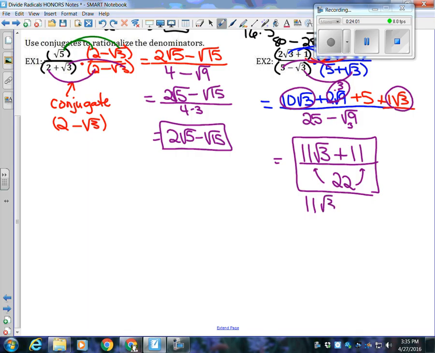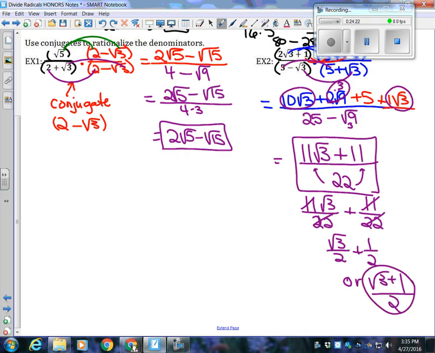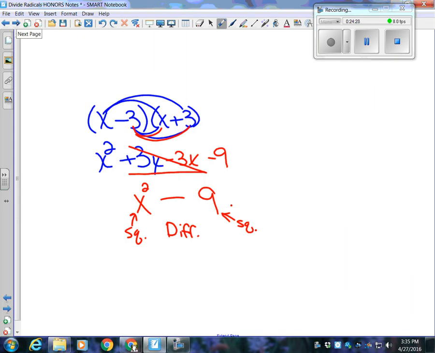So 11 square root of 3 has a denominator of 22, plus 11 over here also has the same denominator of 22. Each can actually simplify. So I can get square root of 3 over 2 plus 1/2, or square root of 3 plus 1 over 2. Either way you write it, it's the same thing. You are going to have to be pushed to go simplifying.